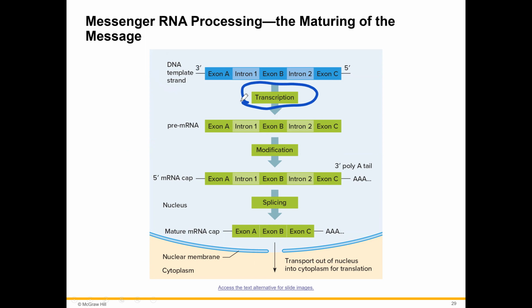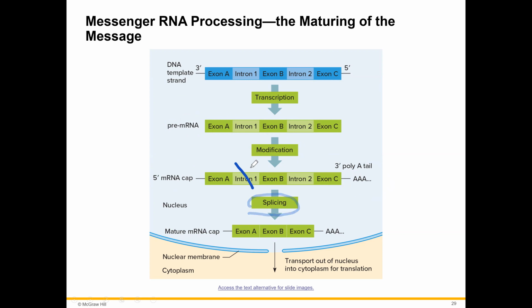Through transcription, we make a copy of this strand. So you see exon A, intron A, exon B, intron 2, exon C. So we made this pre-messenger RNA. Then we're going to modify it: add our 5' cap and poly A tail, and then splice it.